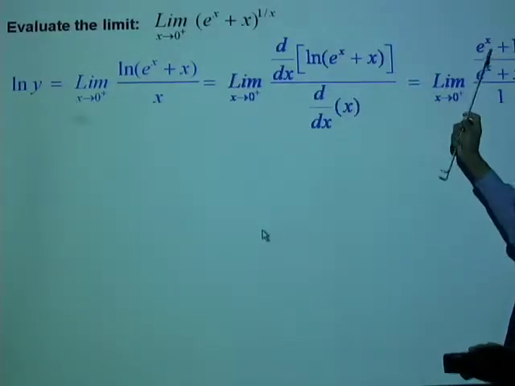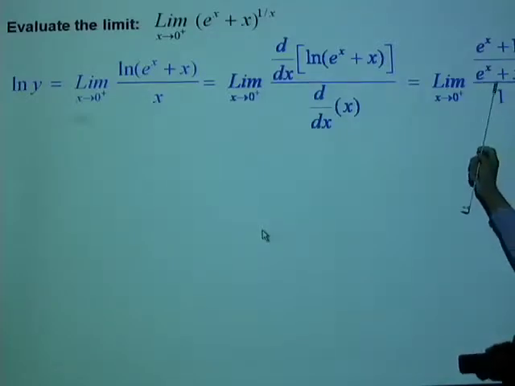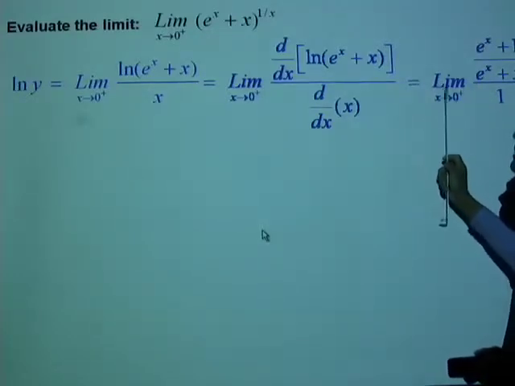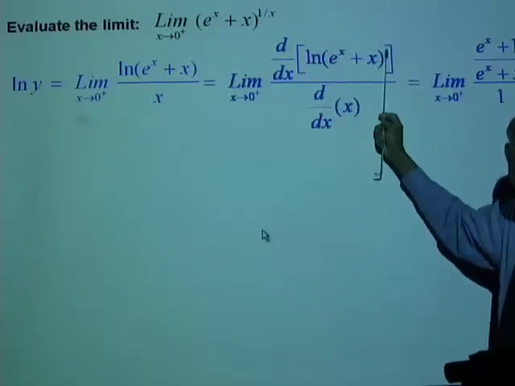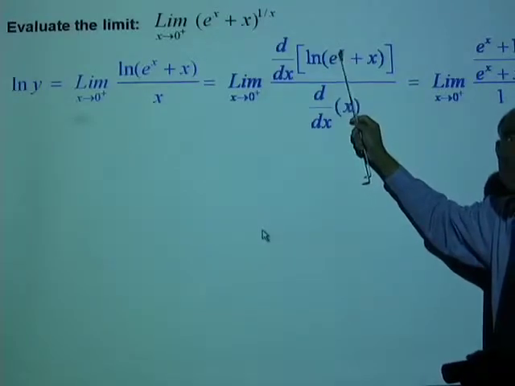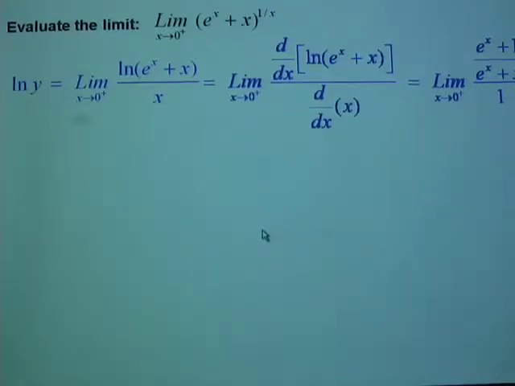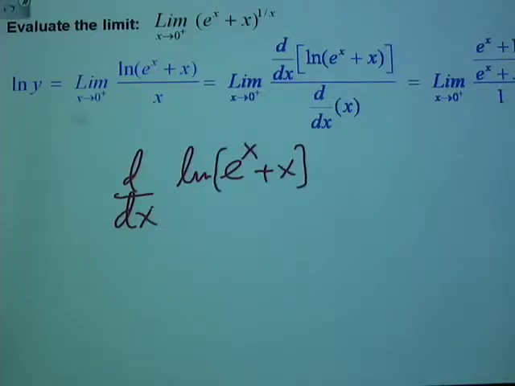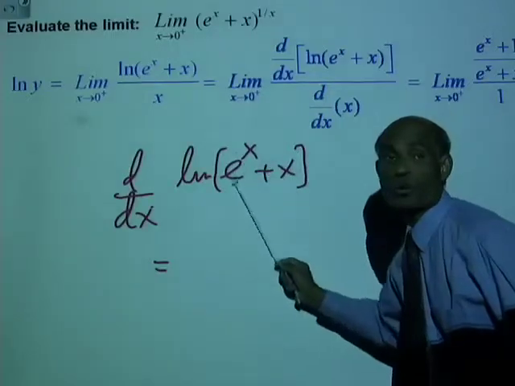So, I don't know whether you can actually see this on the screen, but let me write that down for you. Like this. d by dx of ln of e to the power of x plus x will be the derivative of a quantity. Now here, this is our quantity, ln of a quantity.